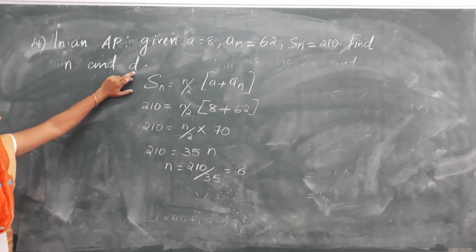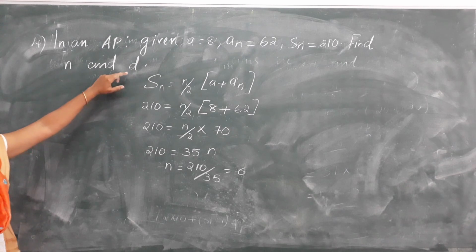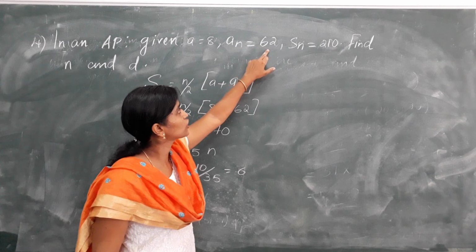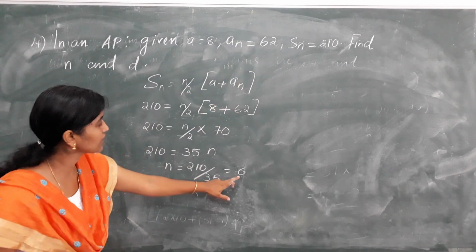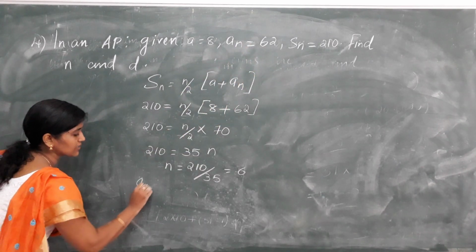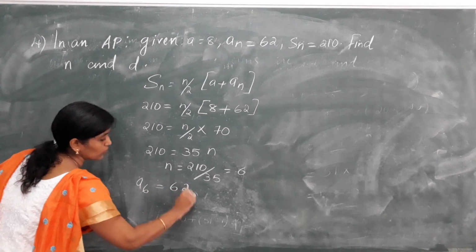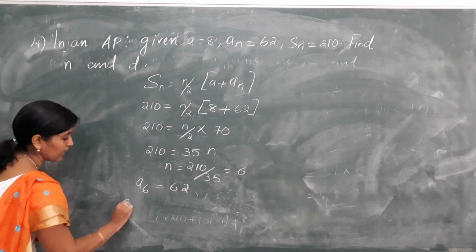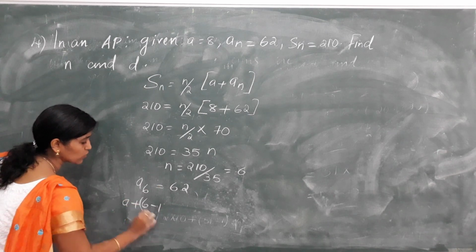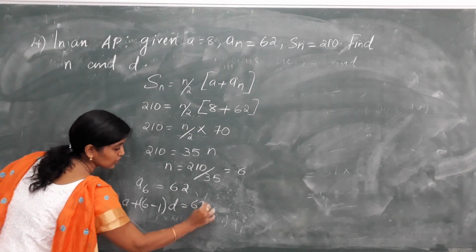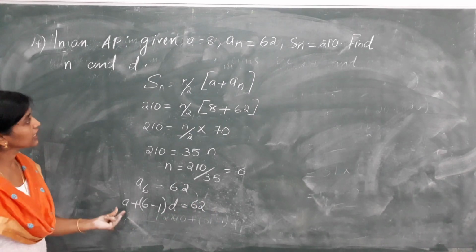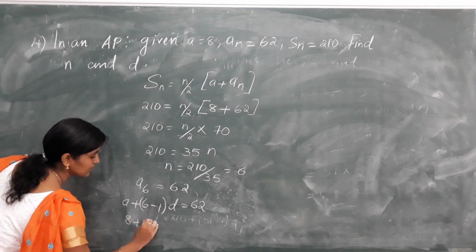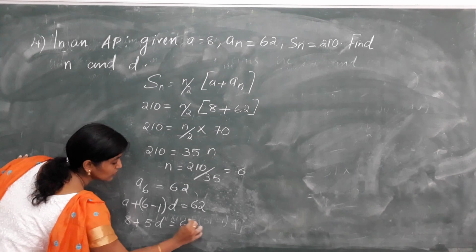Now we are asked to find the common difference D. To get D, AN is already given to us as 62. We got N as 6, which means we can take A6 is equal to 62. Using the formula of nth term, we get A plus 6 minus 1 into D is equal to 62. Substituting A is equal to 8, we get 8 plus 5D is equal to 62.